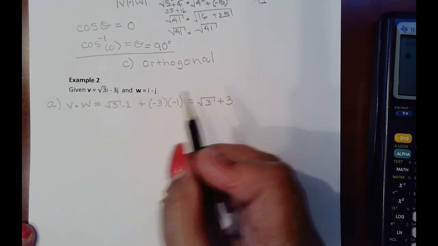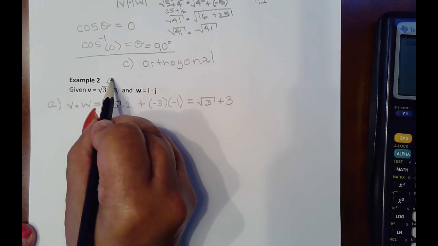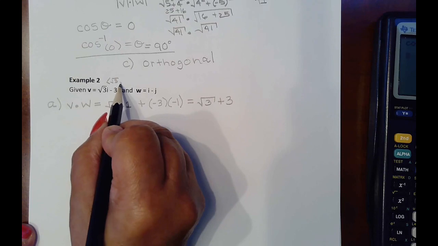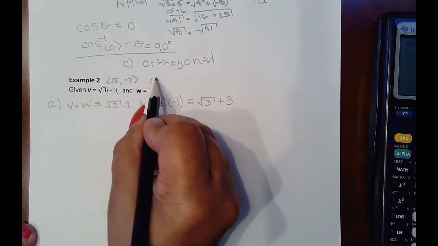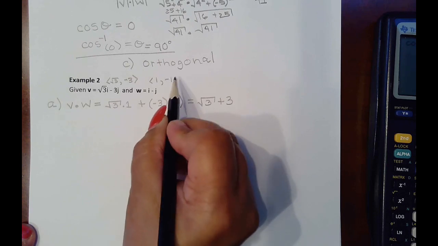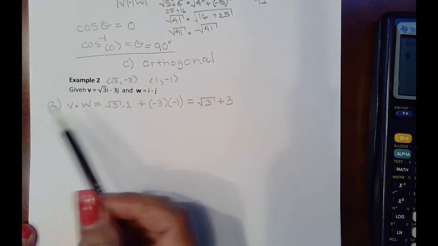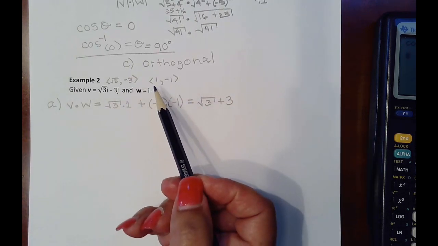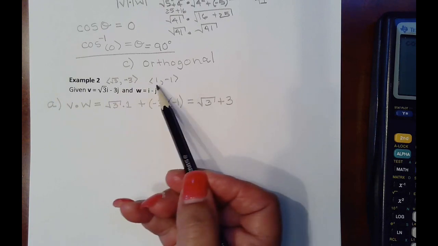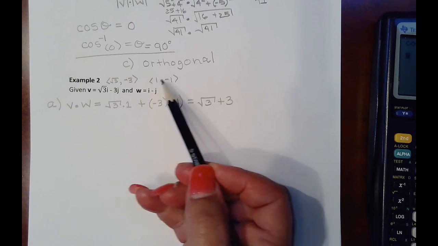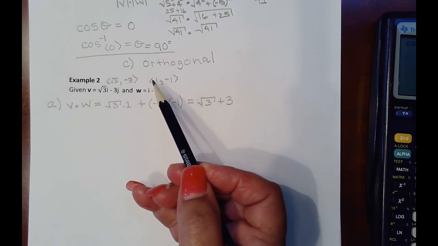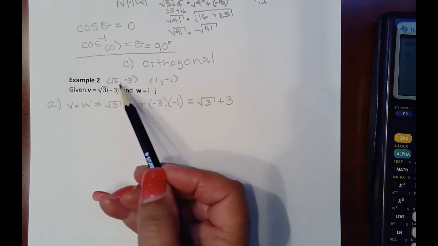If you write this one in component form, it looks like this, and this one in component form is 1, -1. So we ask ourselves, what do you multiply the smaller numbers by to turn it into these? Well, if you think it's 3, multiply this by 3 and this by 3, and you would have 3, -3. That's not what this one is.